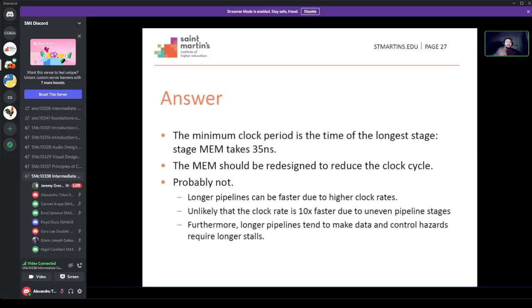As we were saying, the minimum clock cycle that encapsulates each and every stage is 35 nanoseconds. However, having more pipeline stages doesn't necessarily make it faster. It's very unlikely, because the larger the number of pipeline stages, the more chance you have of hazards and stalls. So it doesn't necessarily mean that it's going to be any faster.